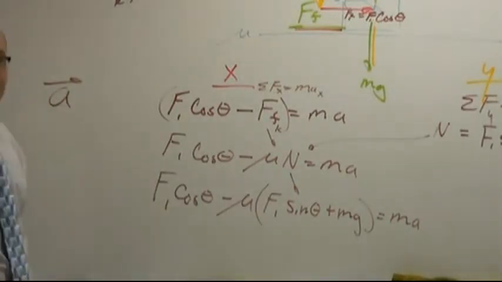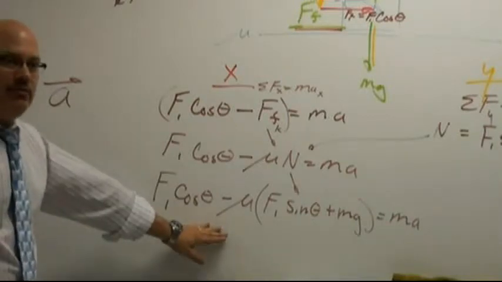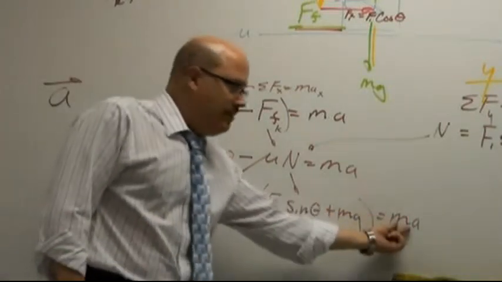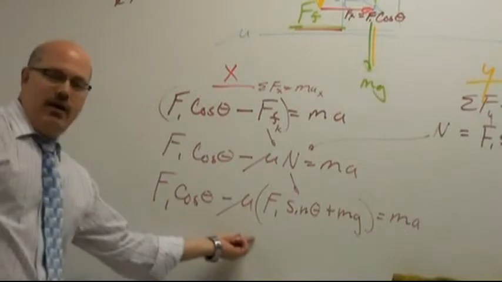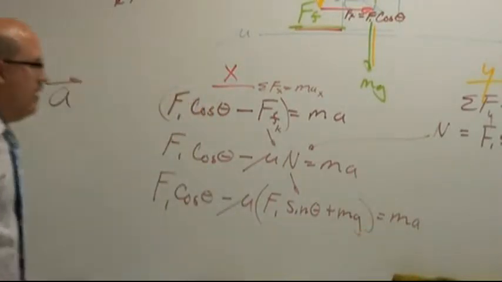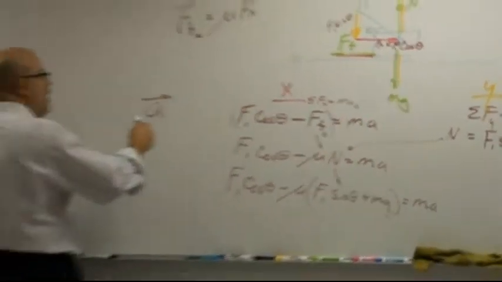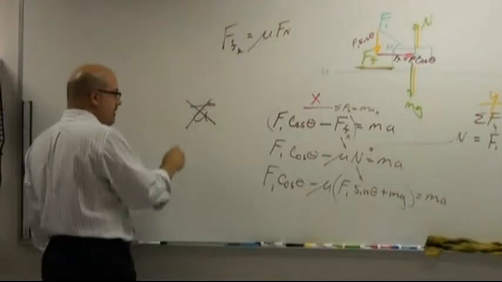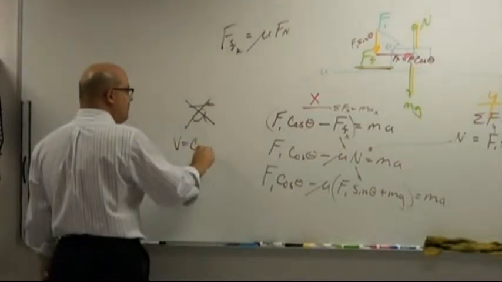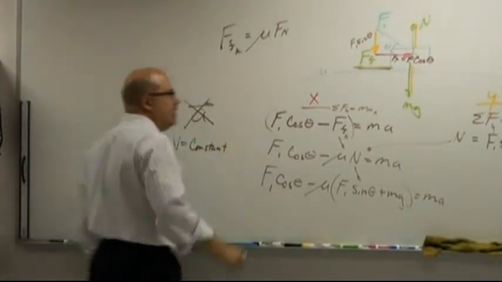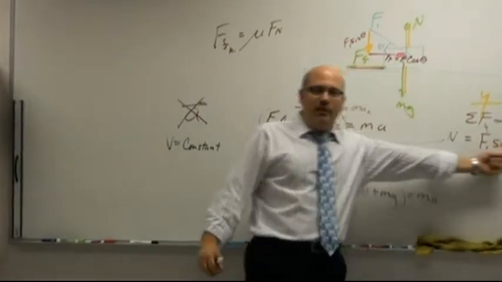All right, so if it's accelerating, we can find the acceleration now, because all we've got to do is take that, divide it over here, and you've got acceleration, right? Okay, now let's take a look at this. What changes, let me put it that way, if it's not accelerating and it has a velocity that's constant? Does that change anything over here?